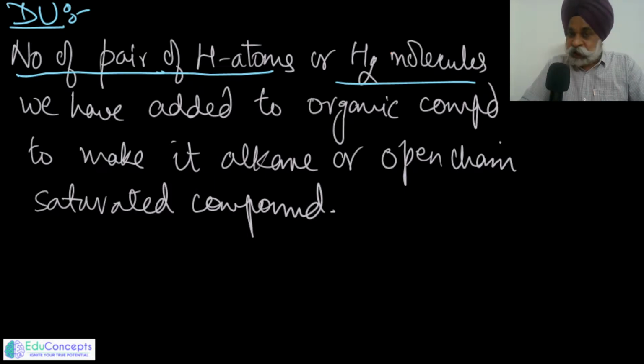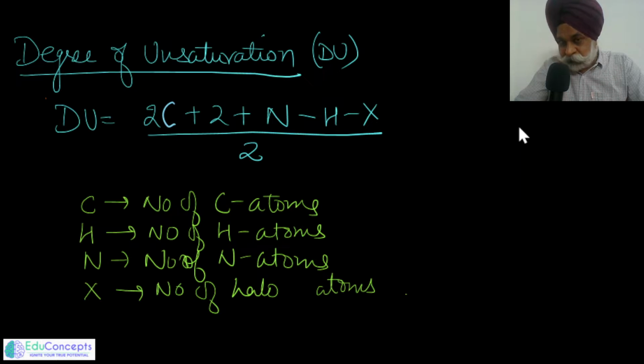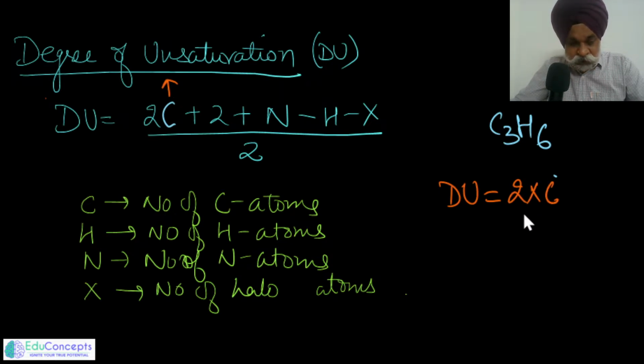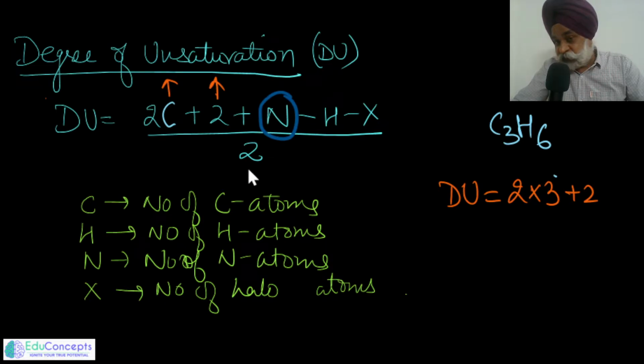So this can also be mathematically found, just like if we have written this formula C3H6. Now for this, if I have to find the degree of unsaturation, how can I do it from the formula? 2 into number of carbon atoms. So carbon atoms are 3 here, plus 2. 2 is to be added, and thereafter nitrogen is not in the formula. If a nitrogen atom is there in the formula, that has to be added. Hydrogens are to be subtracted. How many hydrogens are there? 6 hydrogens are there.